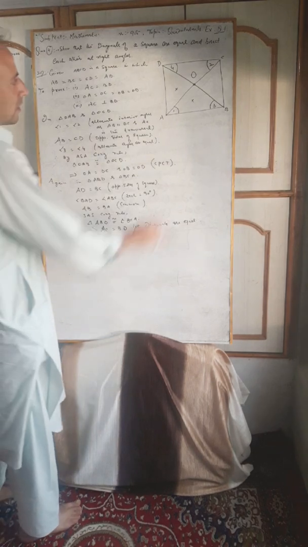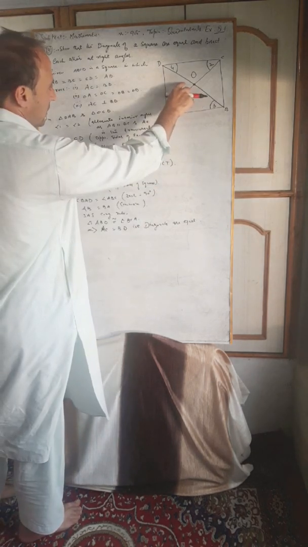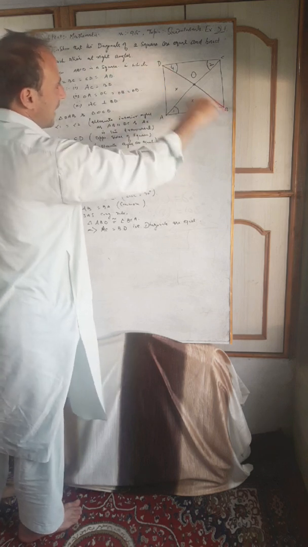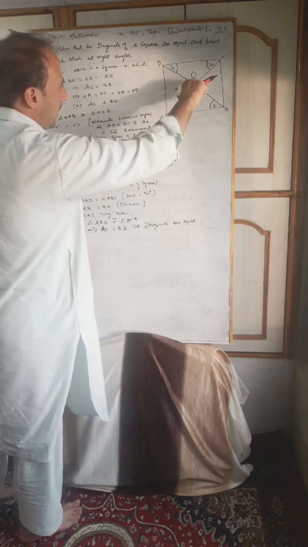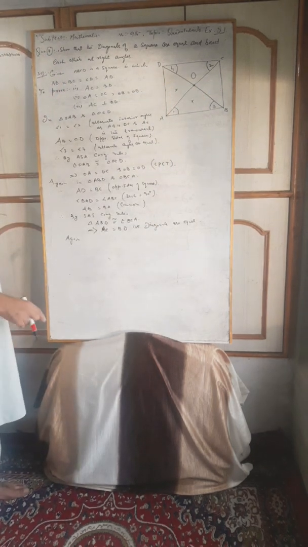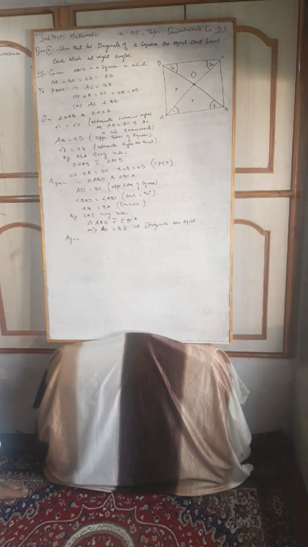When the two triangles are congruent, we will show that this angle is equal to this angle. And finally, BD is a line segment on which the ray OA stands. We know that when a ray stands on a line segment, the sum of the two adjacent angles so formed is equal to 180 degrees. We will use that concept to show that AC is perpendicular to BD.